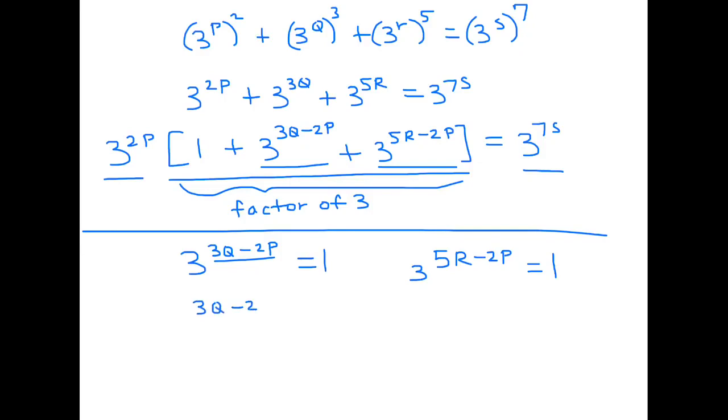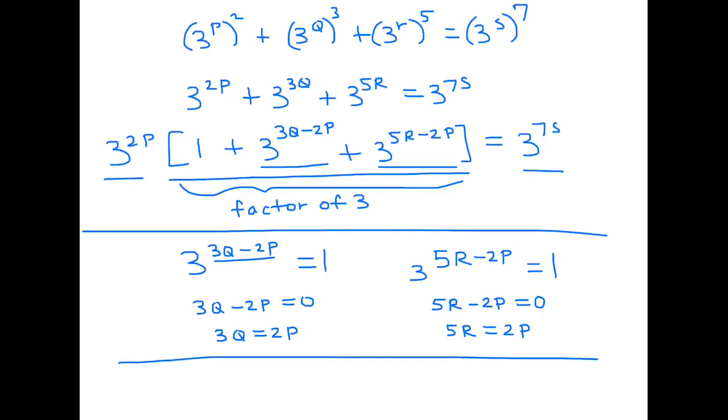So 3q minus 2p is 0, and same thing here, 5r minus 2p is 0. So that means that 3q is equal to 2p and 5r is equal to 2p. Okay? So far so good?